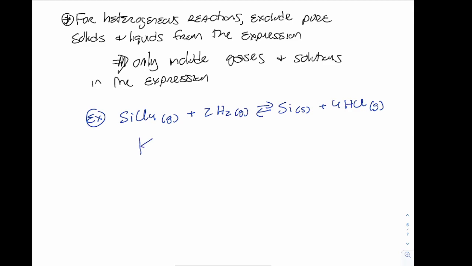So Kc, concentration of products, this time only HCl. I have 4 moles, so I'm going to raise it to the 4th power, over the concentration of my reactants. Both of them are gases, so we can include them. I have 2 moles of hydrogen, so I am going to raise that to the 2nd power.